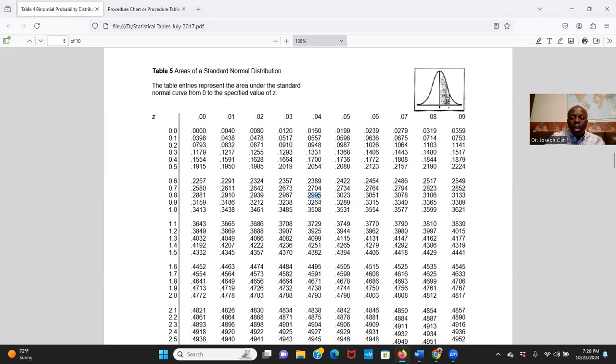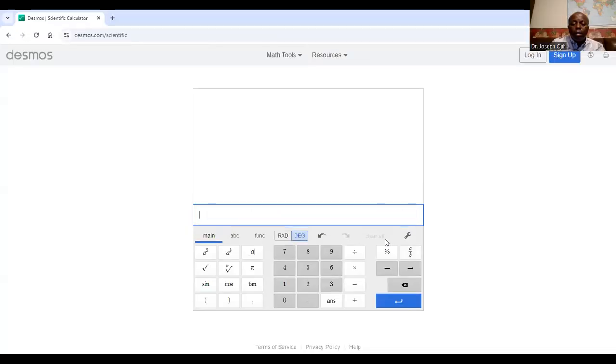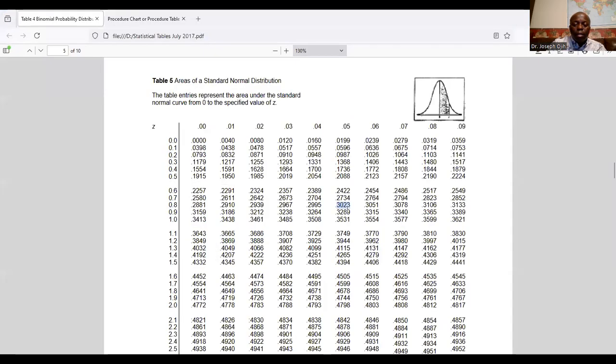So let's see how close it is. 3000 minus 2995, when we ignore the decimal points, it's only 5 points away. Whereas the other one, 3023, we check it.